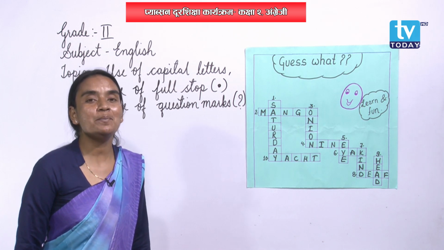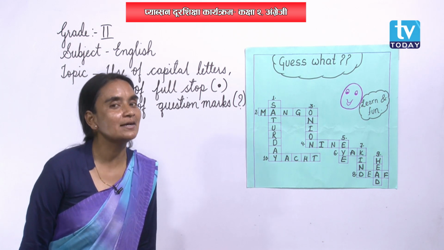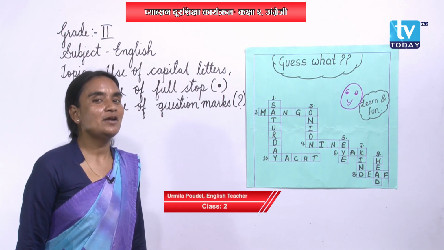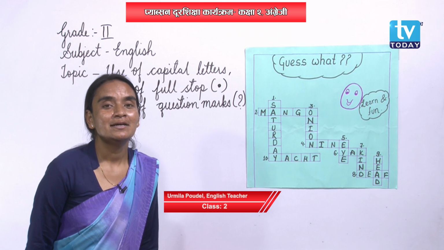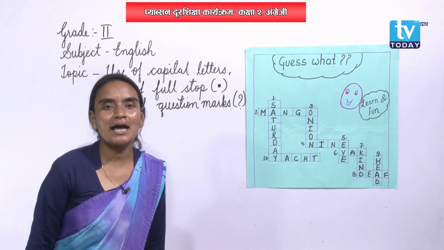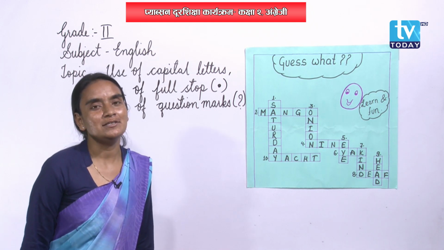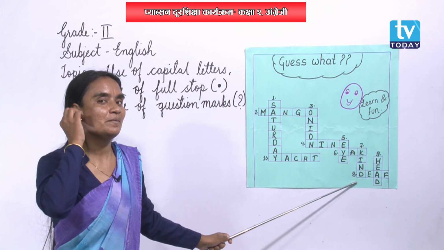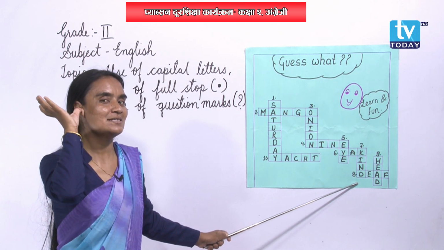Loving and caring people are also identified as kind persons. Remember, mother and father love us a lot. They care a lot, so we can tell them, my mother is very kind, my father is very kind. So, this is kind. The next one is deaf. Closing ears, not listening.